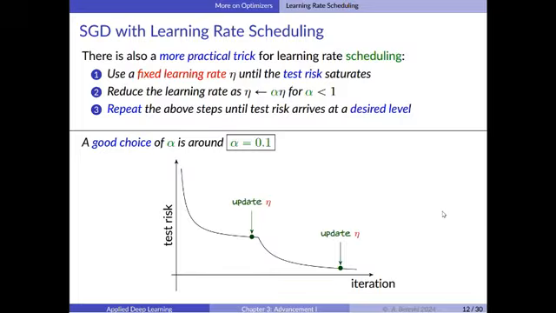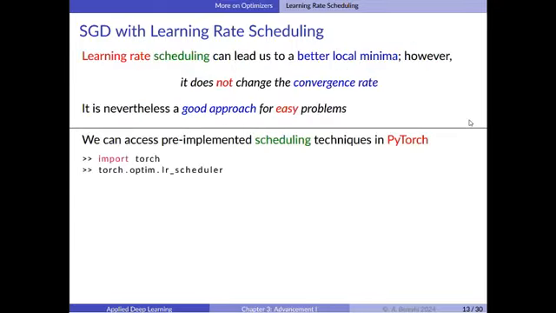For example, a good choice can be something like 0.1. And we can lead to better local minima with it.